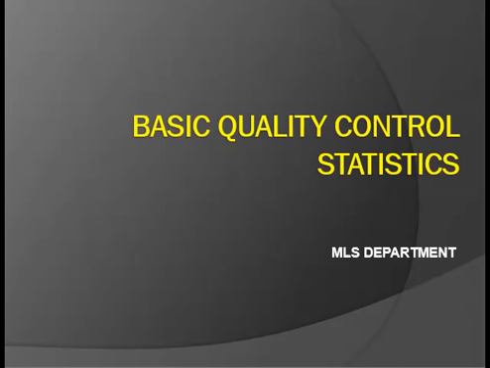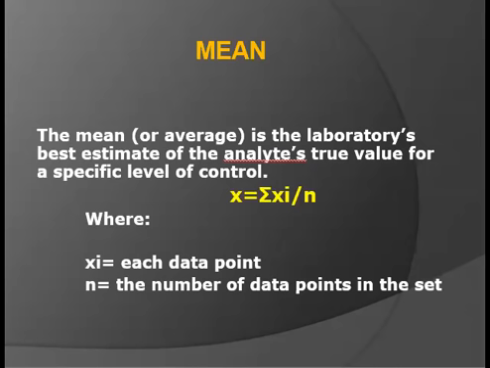Okay, so let's begin with the first, and that would be your mean. To solve for the mean is very simple, right? No? So the mean is described to be the best estimate of the analyte's true value for a specific level of control. So this is the formula for the mean. How are you going to solve for the mean? Very simple.